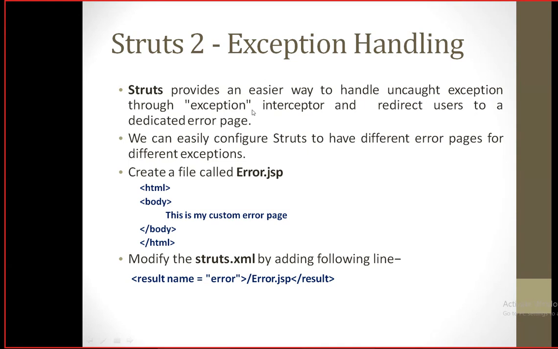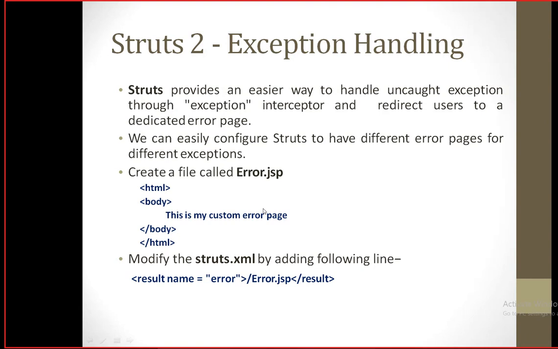And you remember that there was an outcome called error, right? So we can have an error result page, and the user will be redirected there if any of the exceptions is encountered. Understood?